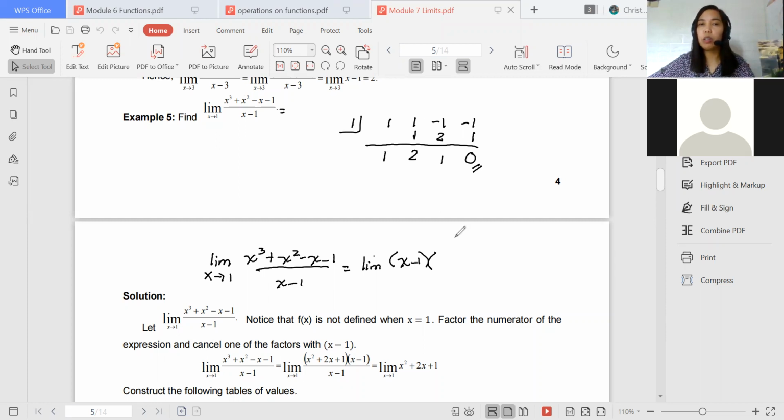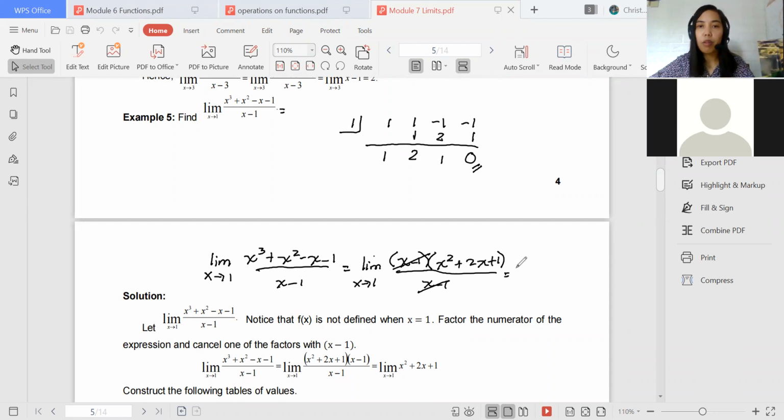Therefore, this is x squared plus 2x plus 1. And this is non-factorable, hindi na natin ito masisimplify, over x minus 1 as x approaches 1. We can now cancel x minus 1 in our numerator and denominator.